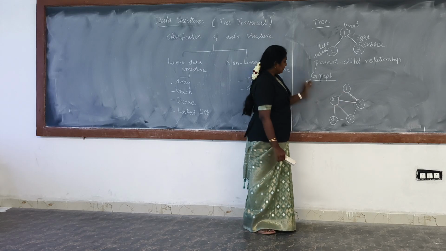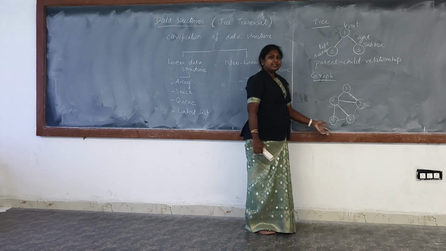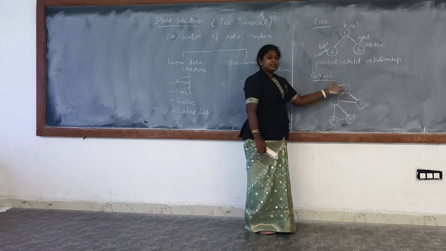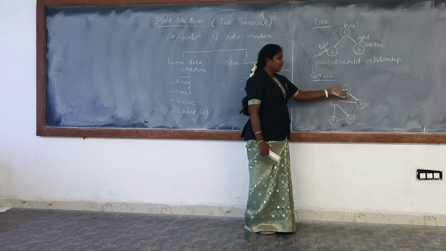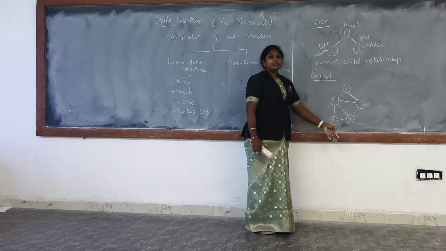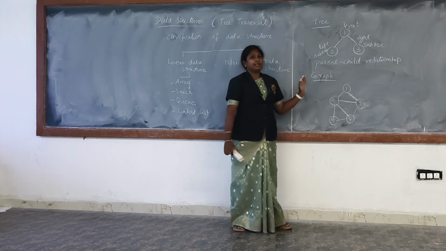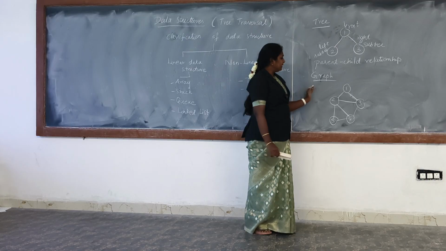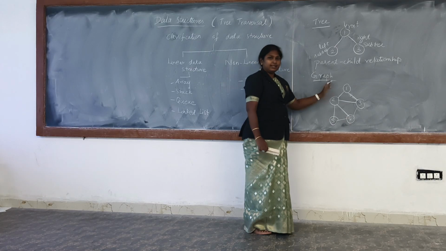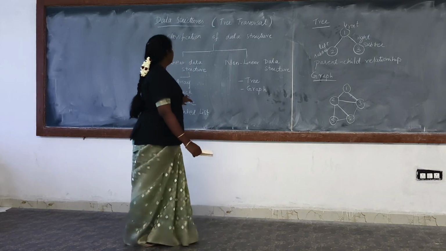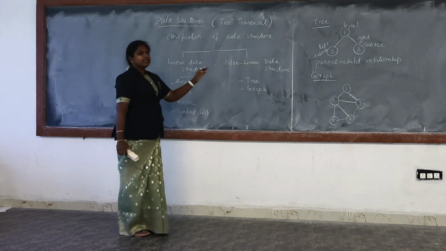You can specify a source node and a destination node, and you can start with the source node if you want to traverse the graph. If you want to visit the nodes, you can start from a single node, right? So this is how a graph looks like. Each element is stored as a network structure under graph. So that's all about a small introduction about classification of data structure.